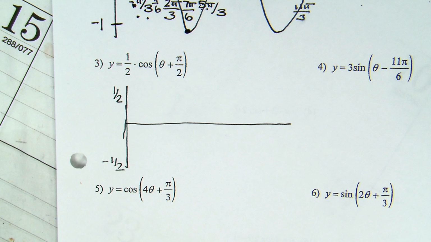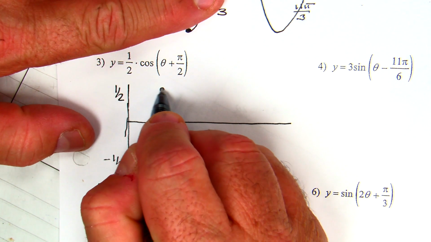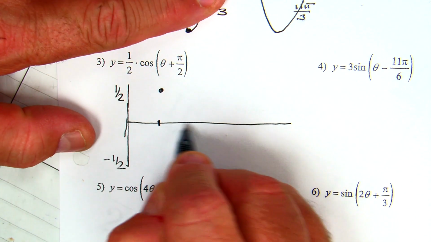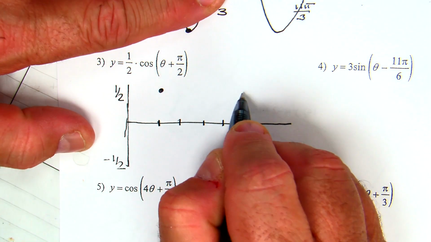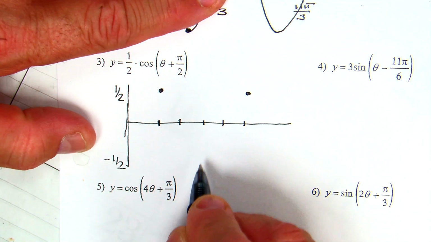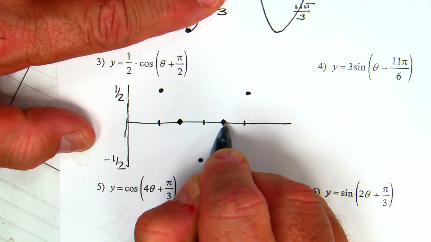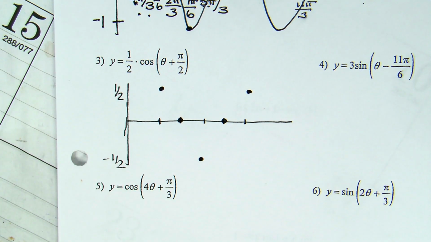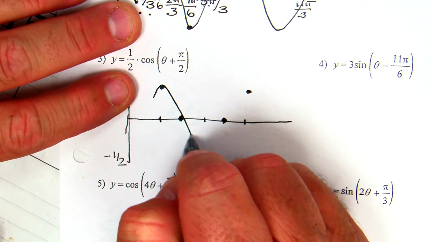All right? I know that cosine starts at the max and ends at the max. Halfway through it's at the min, and at the quarter points it's at zero. I can sketch that out if I want.